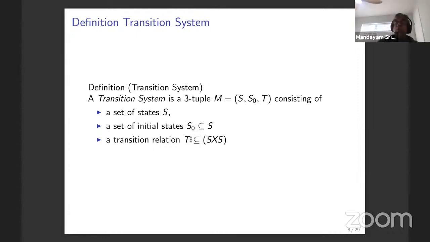But we will not be talking about real time. That is the only distinction. If you want to include that also in terms of a clock, you can include that as part of your state as well. But usually you don't need to.